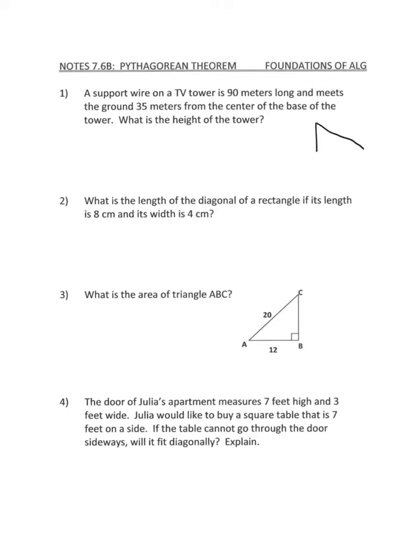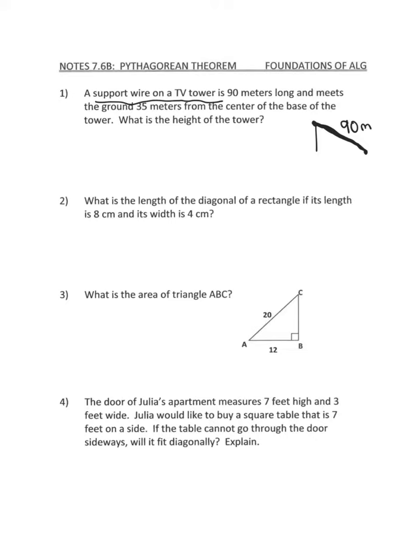it says my support wire on a TV tower, that's going to be this diagonal wire going from the top of my tower to the ground. It says that's 90 meters long. And then it also says that it meets the ground 35 meters from the center of the base of the tower.